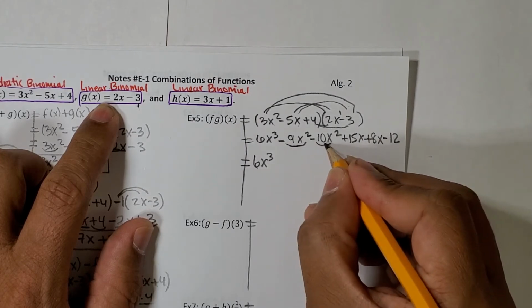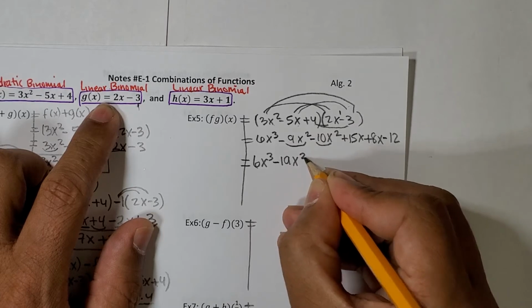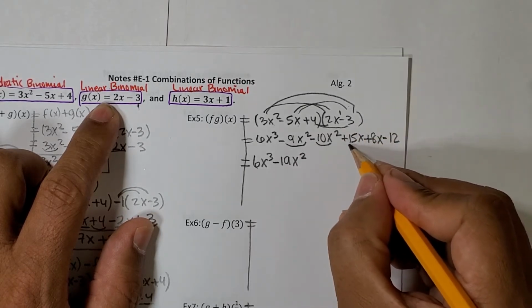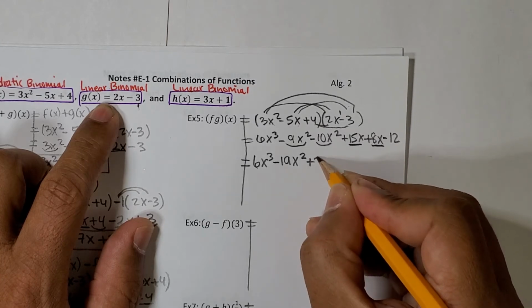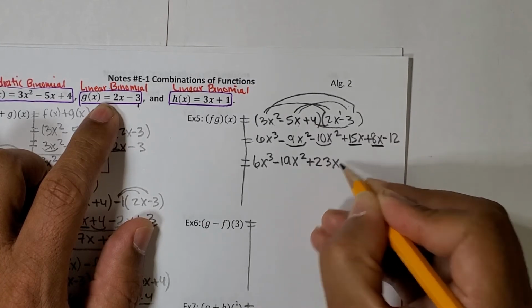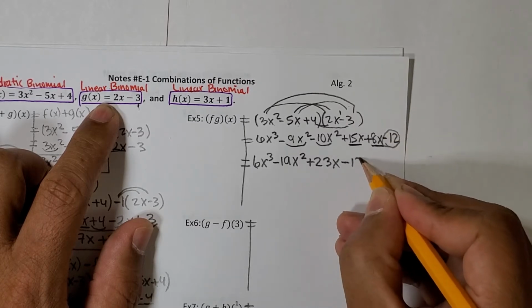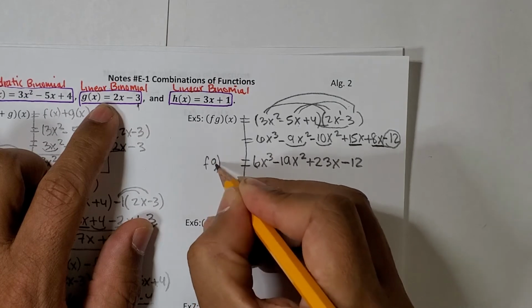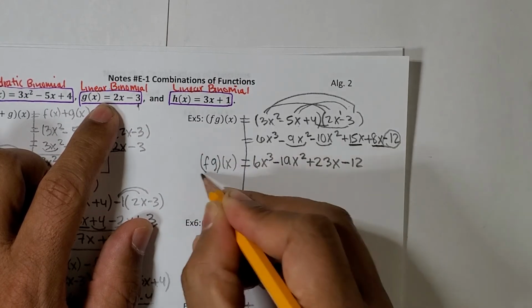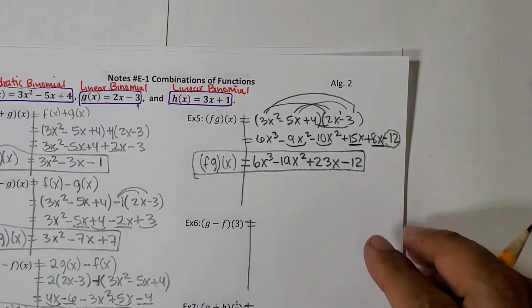So negative 9 and the negative 10 combine to negative 19x squared. And then I have 15x and positive 8x combined to 23x. And last I have negative 12, so minus 12. So in the end, the product of f and g of x is 6x cubed minus 19x squared plus 23x minus 12.